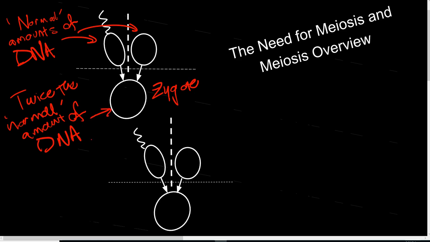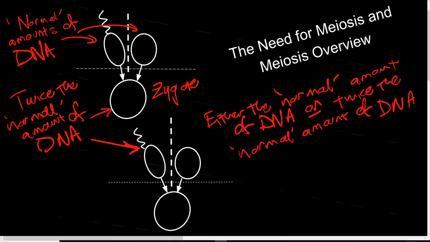And let's imagine that that same twice the normal amount was sent off to one of its sex cells over here, and then its partner had either the normal amounts of DNA or twice the normal amount of DNA going into it. What would happen as a result? Well, their zygotes, a fertilized egg, would have either 3 or 4 times the normal amount of DNA.